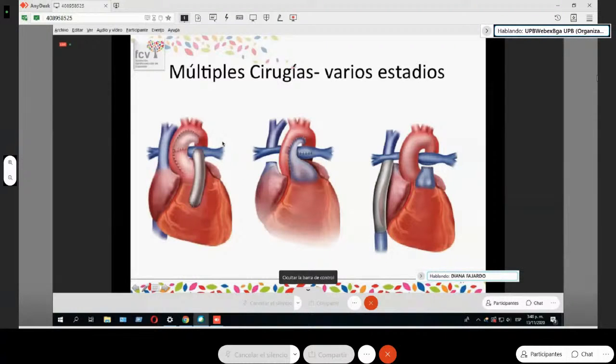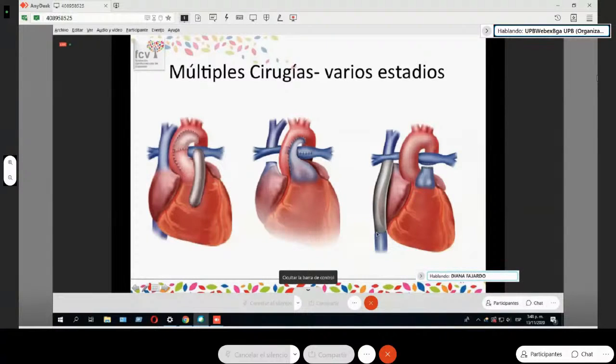And now when the kid walks and is between 3 or 4 years of age, we have a third surgery, which is called a Fontan, where we connect the inferior vena cava, bringing dirty blood from the lower portion of the body, to the pulmonary artery. And here we see some of our kids in our Promesa program, in different stages of palliative surgeries.